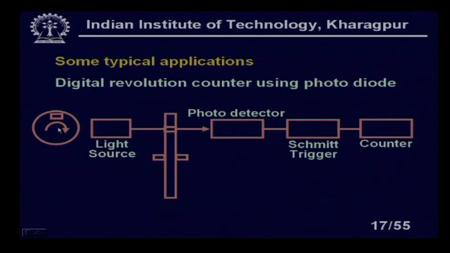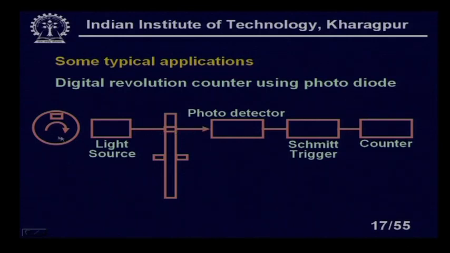This is a disk. When this light source, a light emitting diode, this hole on the circular disk and the photo detector, which is a photodiode, come in one line, then only will light fall on this photo detector, otherwise not.